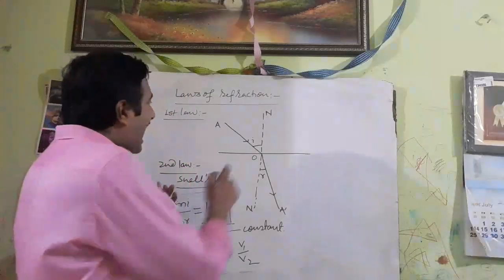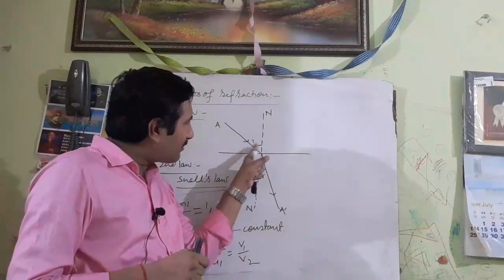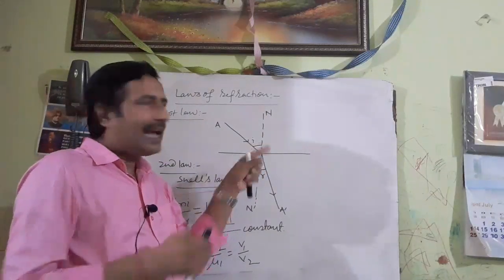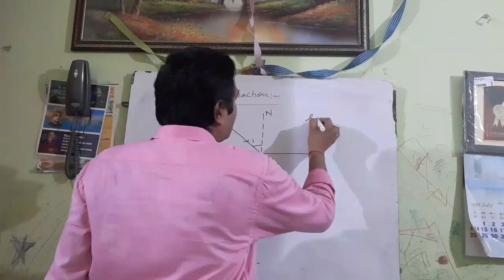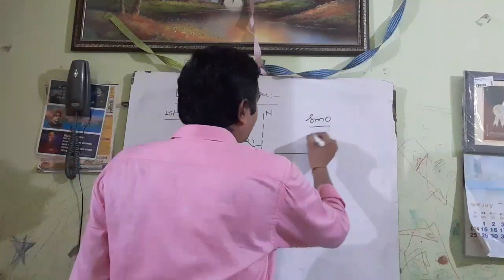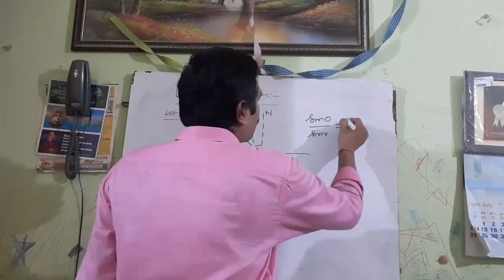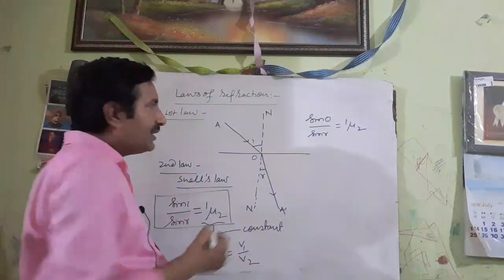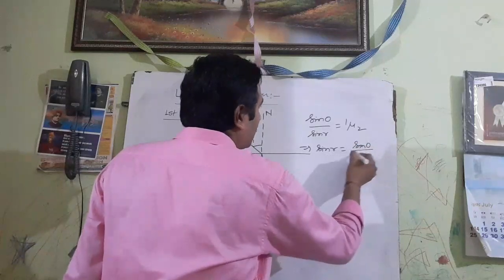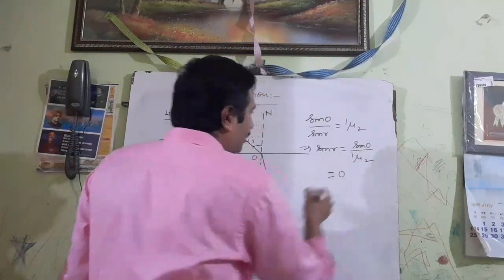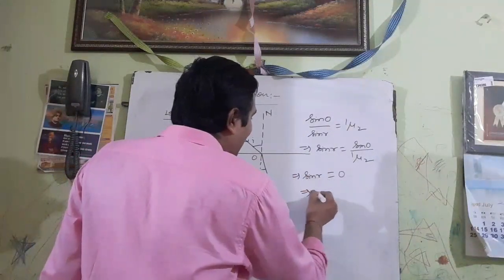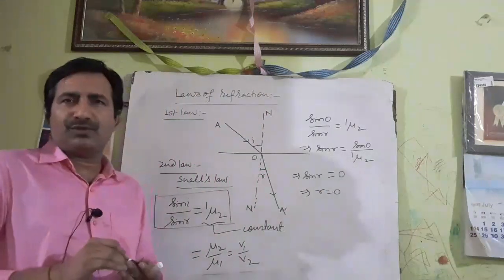You see, when I becomes 0, it means AO is along NO. And if I becomes 0, sin I becomes sin 0, so sin 0 by sin R is equal to 1 mu 2. If you want to find sin R, sin R is equal to sin 0 by 1 mu 2. Sin 0 is 0. This gives you sin R equal to 0. And sin R will be 0 only if R is equal to 0.